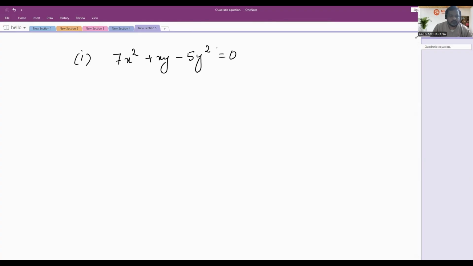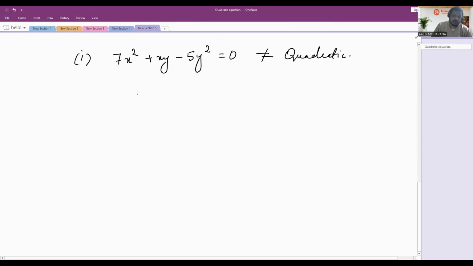What is the highest power here? Here the highest power is 2. Yes, you can see that the degree is 2. But can you see it is a single variable? No, it is not a single variable. It is a two variable equation. X and Y both are involved in it. So again, it is not a quadratic equation.